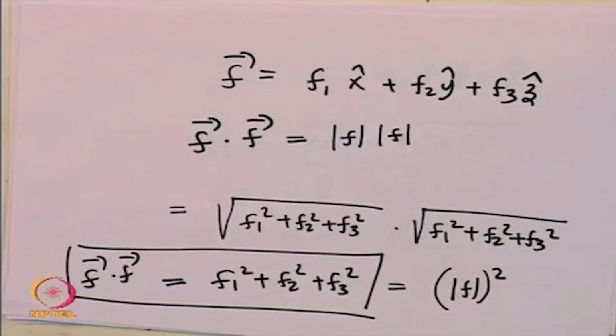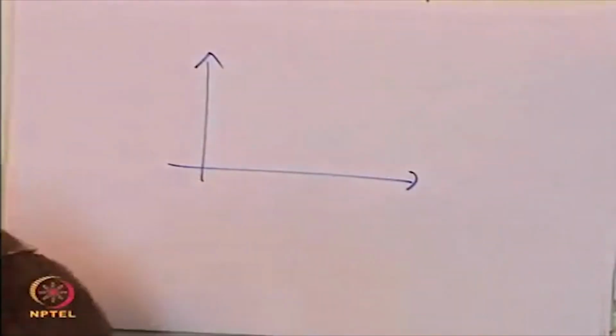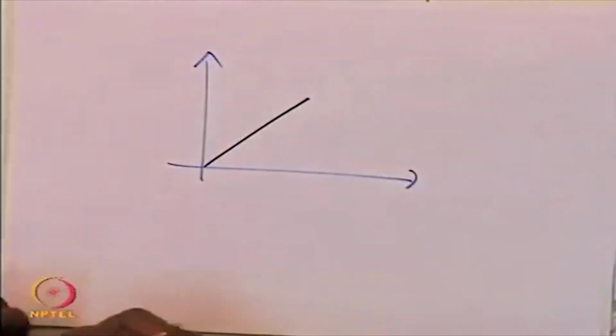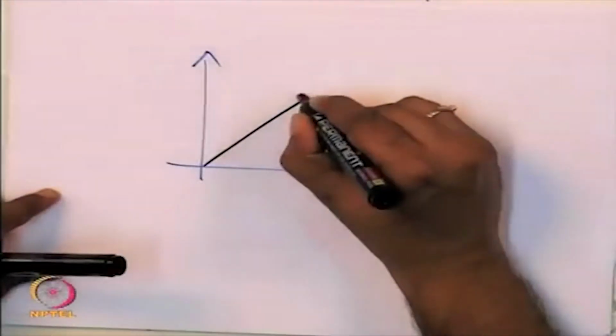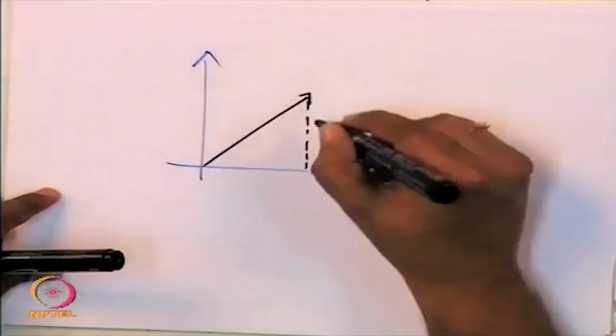Okay, now let us have a look at another one. Let us go back to two dimensions so that everything is simple. Let us think of a vector in 2D, which is this vector, and it has some x component and some y component.